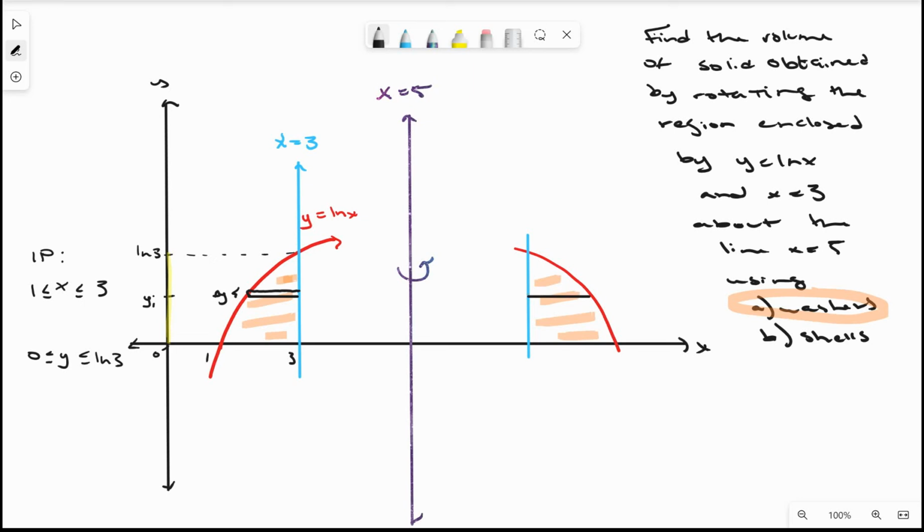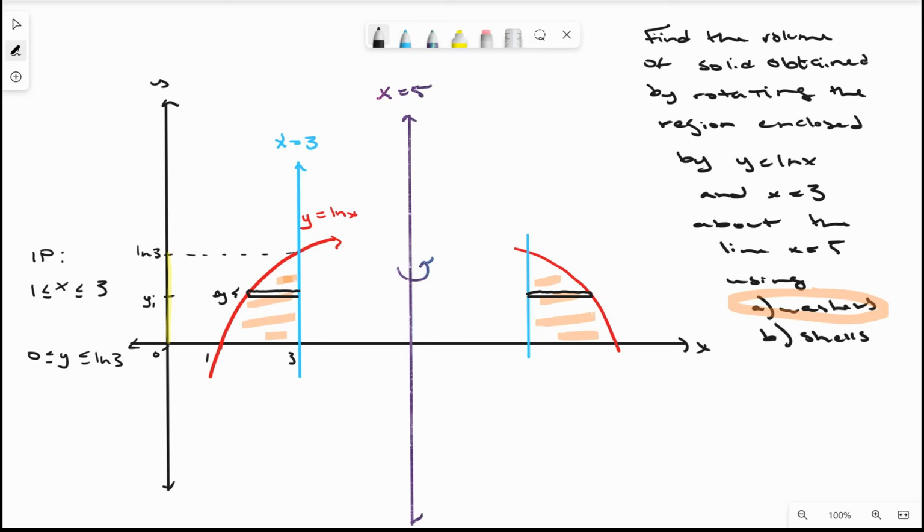Viewing it these two different ways, it's the exact same thing, but viewing it as rotating rectangles might be an easier approach.